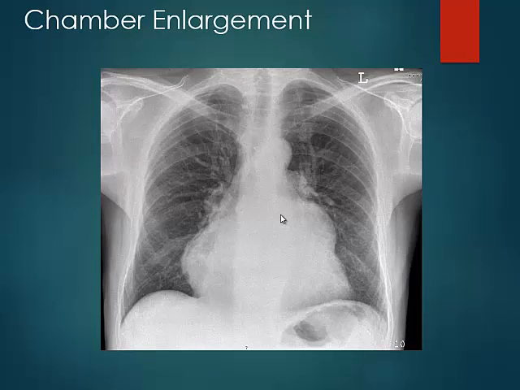Okay, what about this one? Left atrium enlargement? Okay, so there are two bulges here. One bulge is here. What is this bulge? This is right atrium enlargement, okay? And what about this bulge? Left atrial appendage, okay. So enlargement of the left atrial appendage is caused by what? Which condition causes left atrial appendage enlargement?